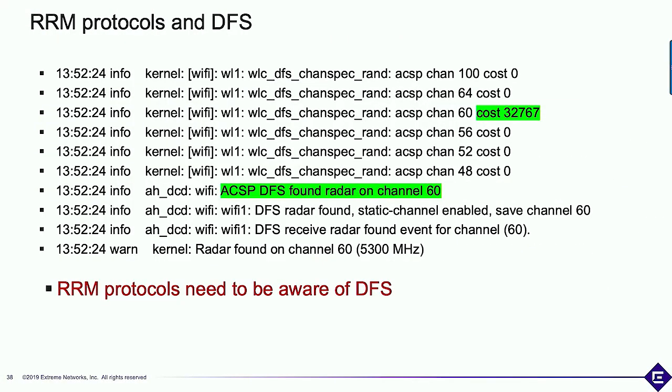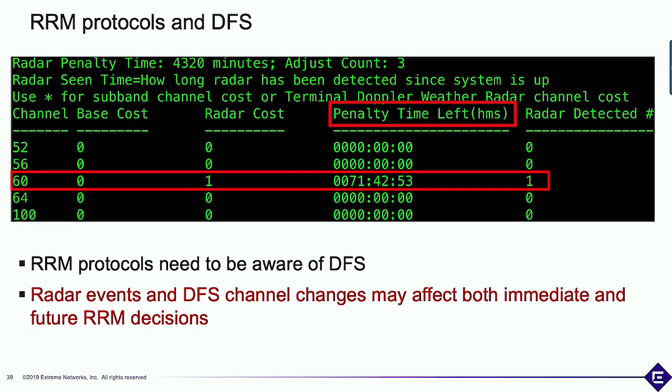Now, what about RRM protocols in DFS? They need to be aware of DFS, for one thing, and that can be both good and bad. What you're seeing right here is an RRM protocol that has been informed of a DFS event, and it effectively changes the cost factor of that channel.